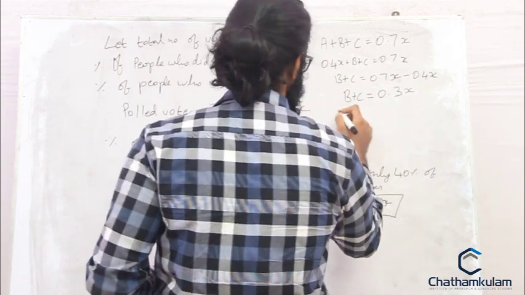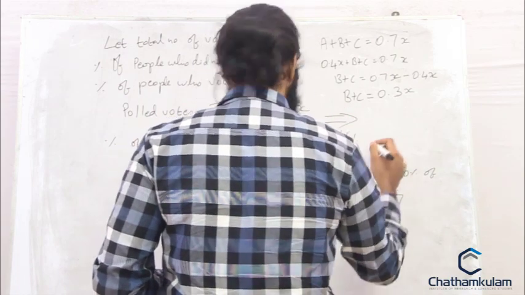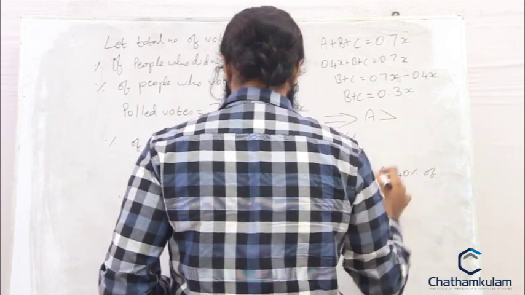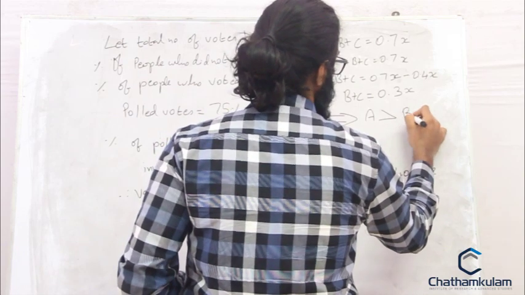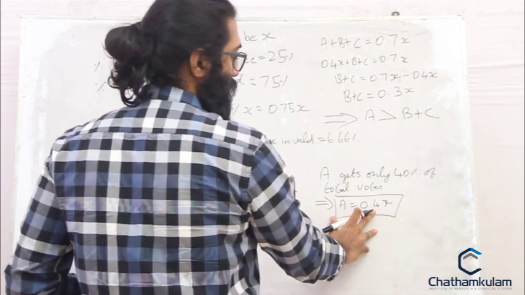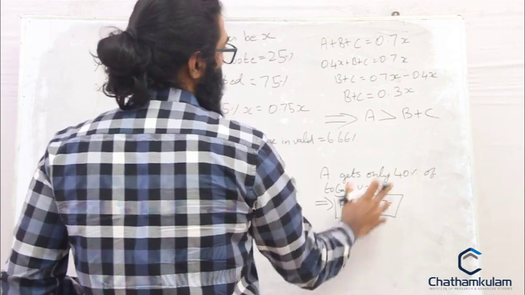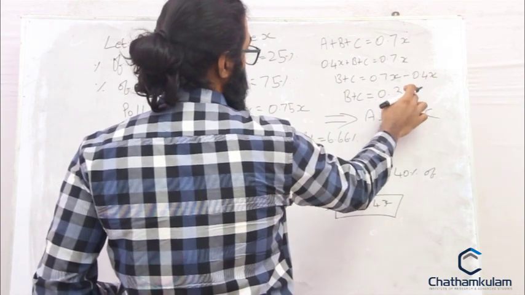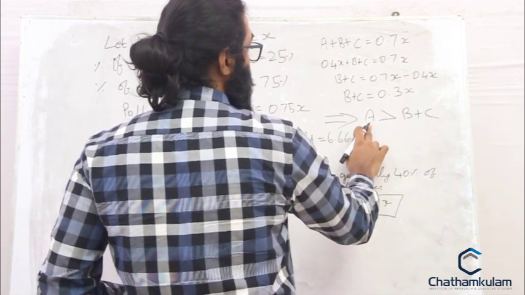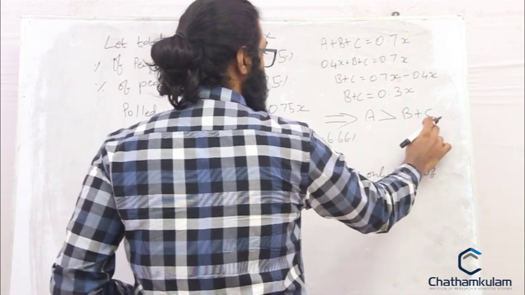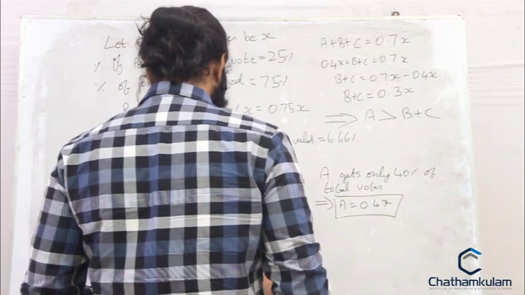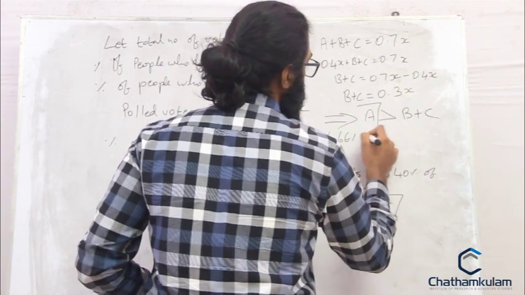Therefore we can say this implies A is greater than B plus C. Since A here is 0.4x and B plus C is only 0.3x, we can say A got greater votes than B and C added together. Therefore we can say A is the winner.